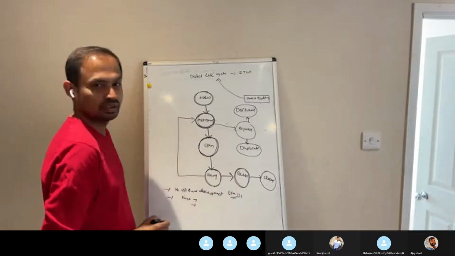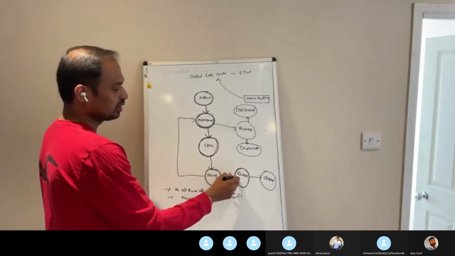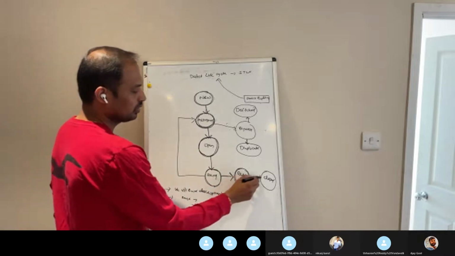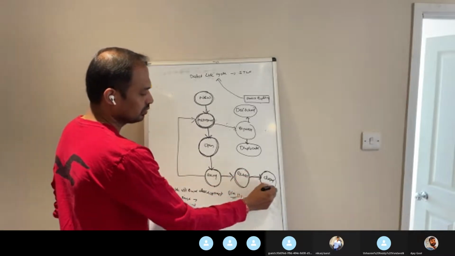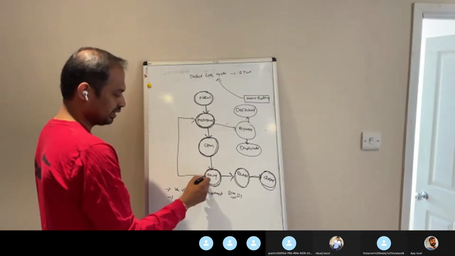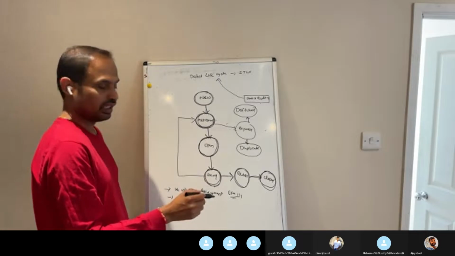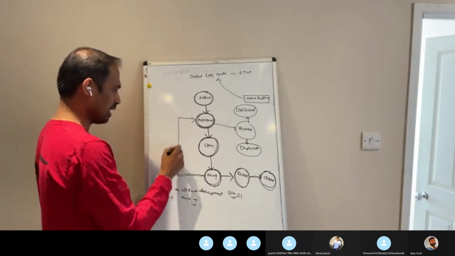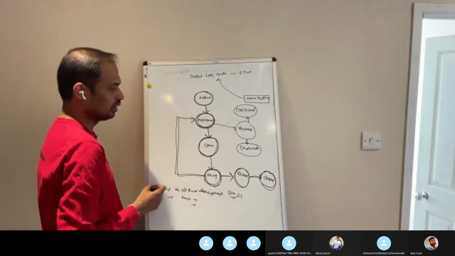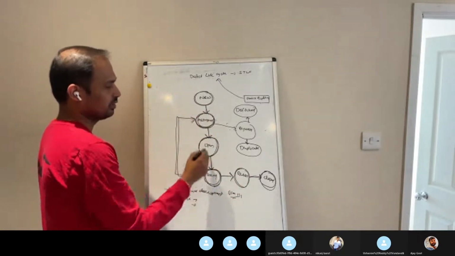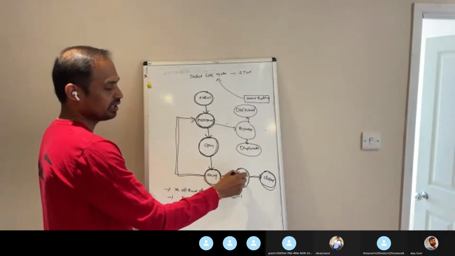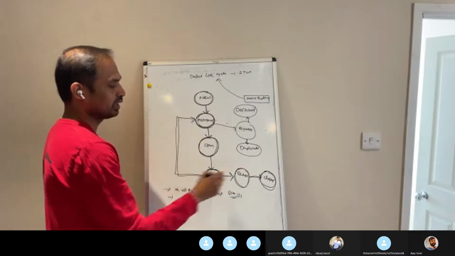If it is working as expected, then the defect is fixed, so we're going to close it. If it is not working as expected and is failing again, then we'll go back and assign it to the developer. Then the process will be the same: once it is assigned, it will be open, then fixed, then retest, close. So this cycle will be repeated.